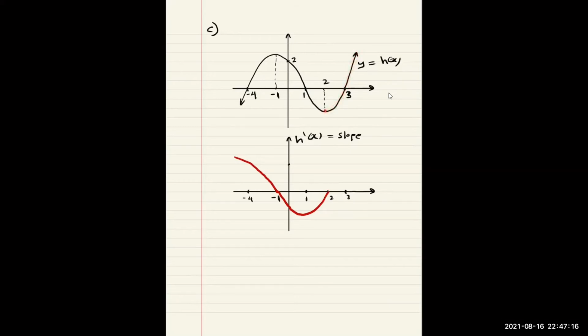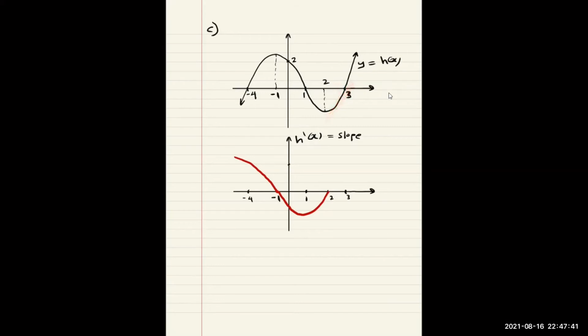And then let's think about the last piece of the function. If you look at this piece, your graph is increasing, right? When you go from left to right, your function is increasing. If you pick any x value in this interval, as you can see from this graph, the slope is positive. For example, pick an x value here, and if you draw a tangent here, the slope of that tangent is positive.